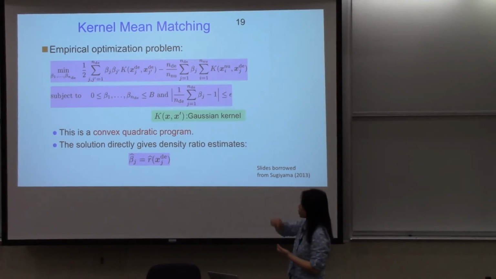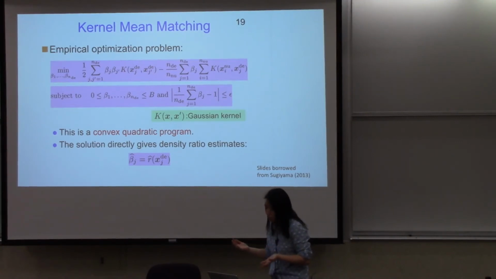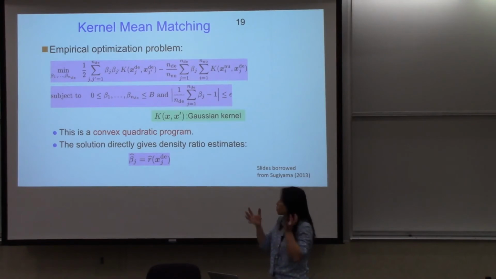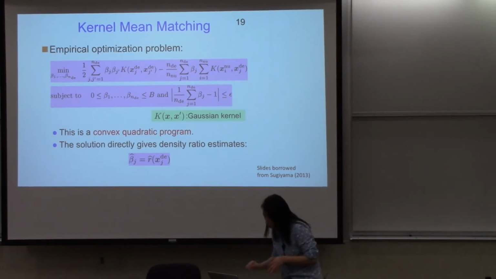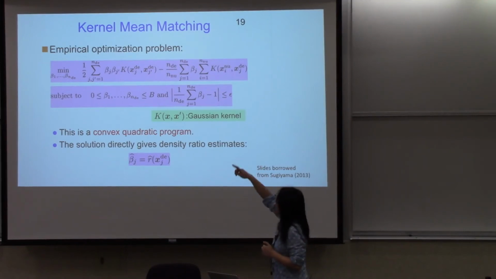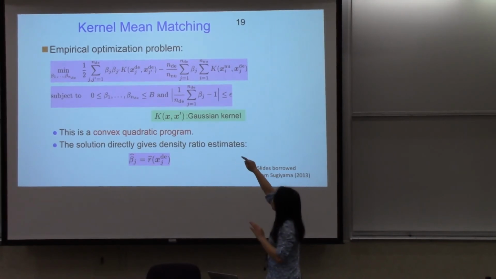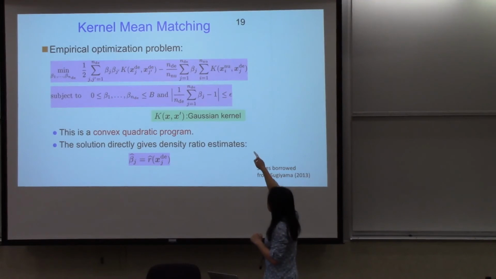That integral is in the population case. In the empirical optimization case, we reduce that to using the samples we have. So we have some source samples and some target samples as before, and now we want to solve this optimization problem where the first term is the kernel mean of one distribution, for example the target distribution, and the second one is the target over source, using the source samples to evaluate those kernel means.